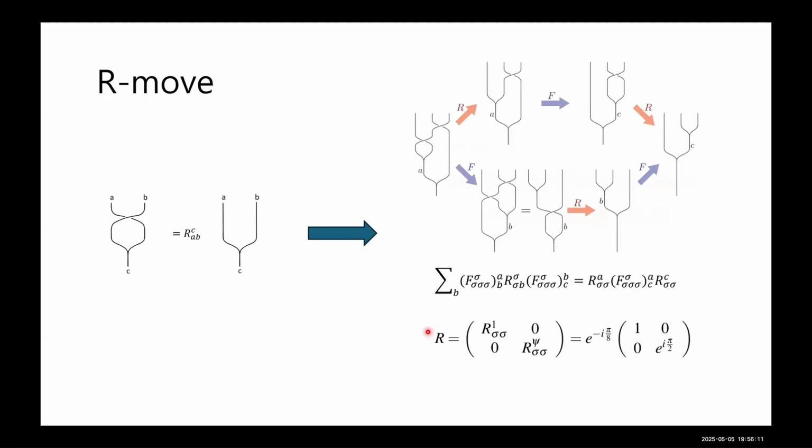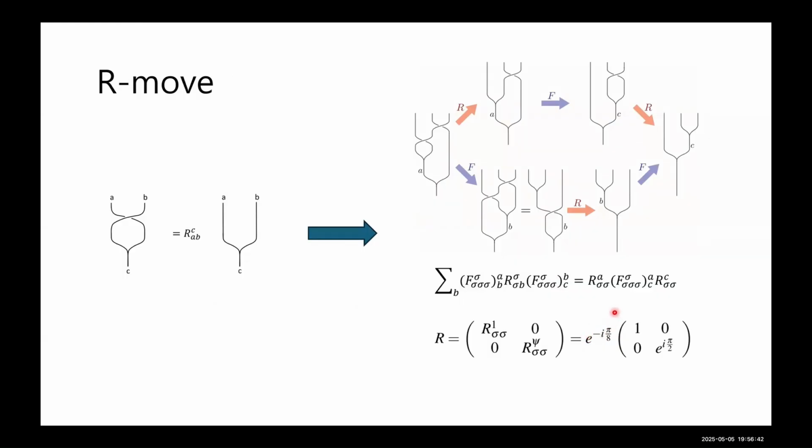There's one more thing. If we try to make a braiding in the same fusion location, that is C, we can make this R move. To calculate that, this is very similar to the pentagon equation, but this is easier to calculate because we already know this F matrix, and this R move has only orthogonal values, so we can simply get this result.